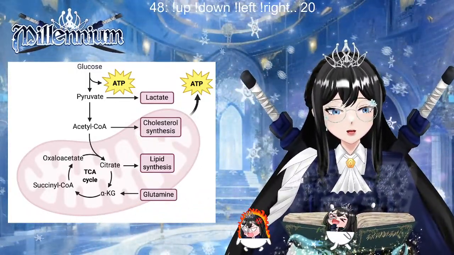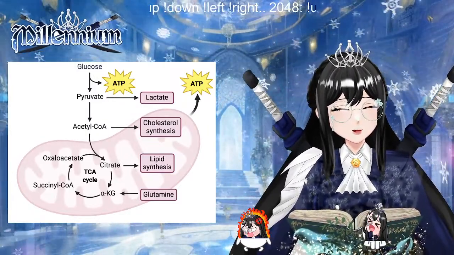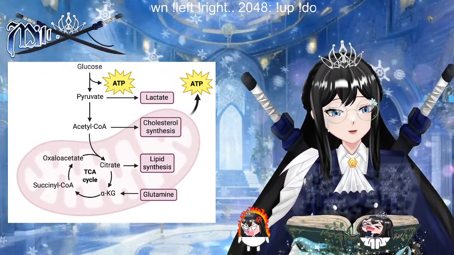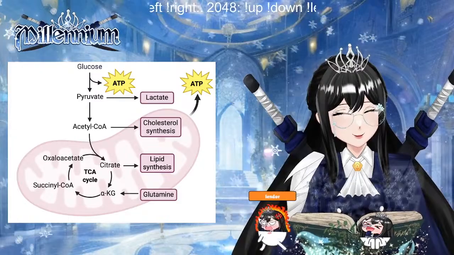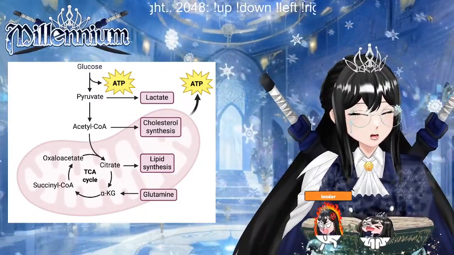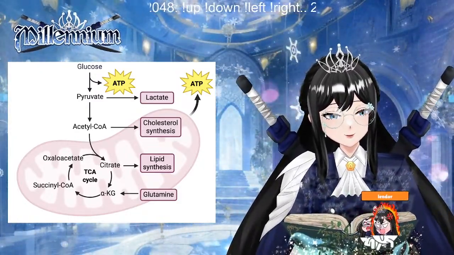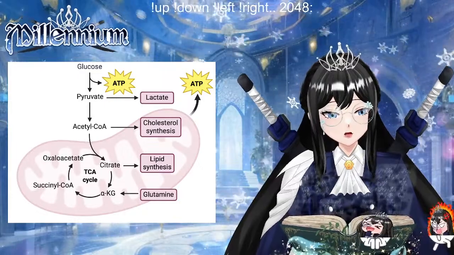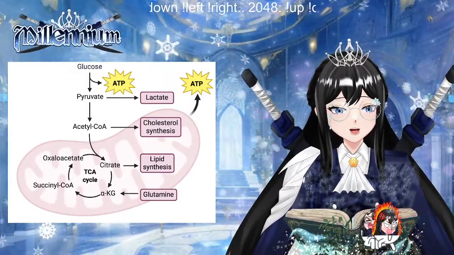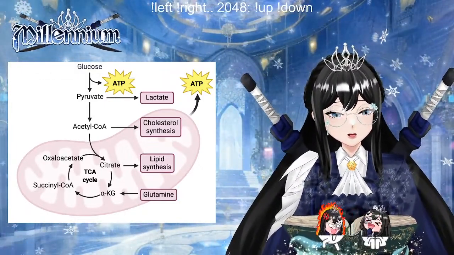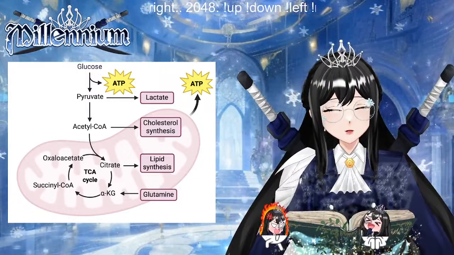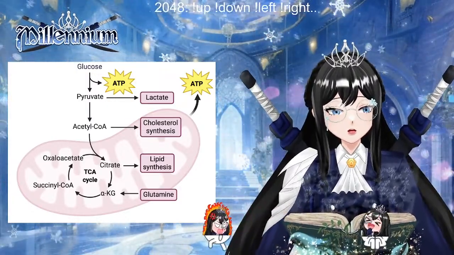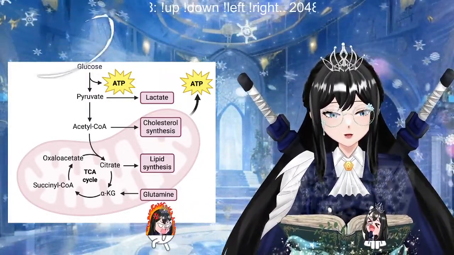In this step, the pyruvic acid is converted into lactic acid instead of acetyl-CoA. Why? Because the lactic acid would still help in the regeneration of NAD plus from NADH, even if you don't have oxygen.